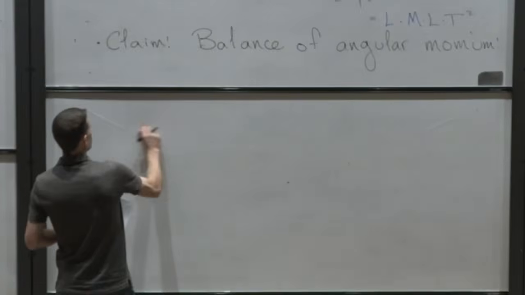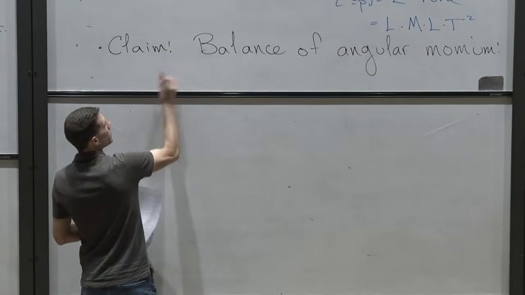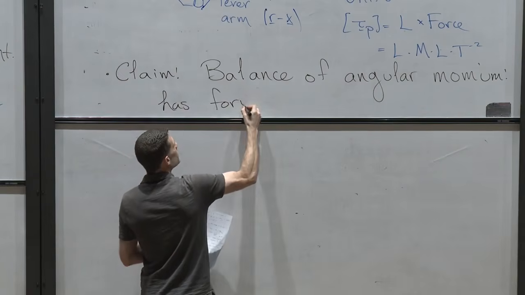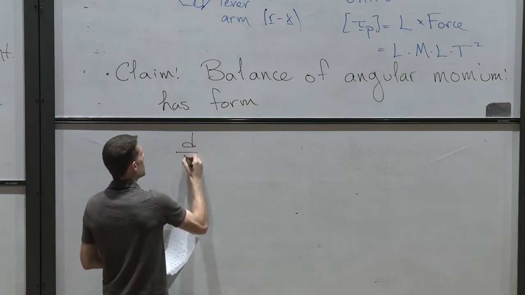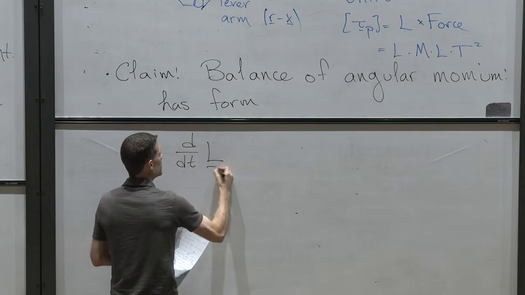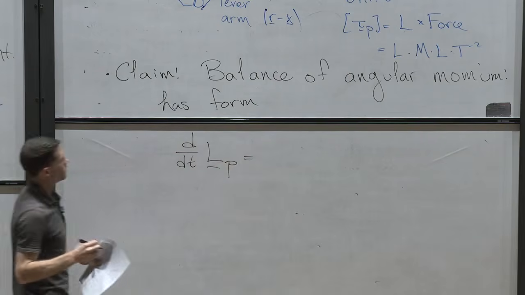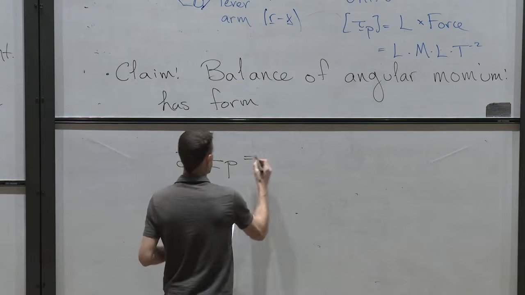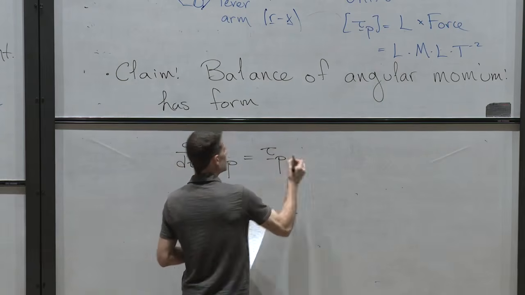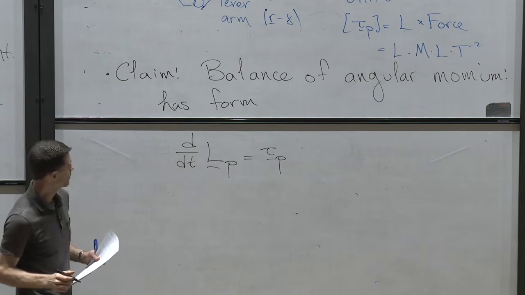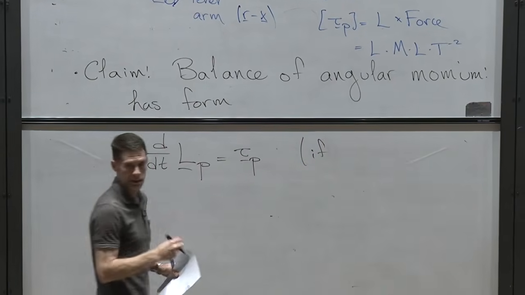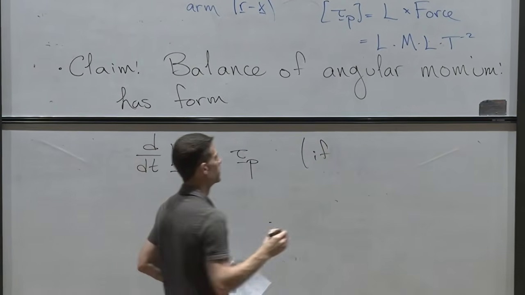And that equation in my claim has the form: the time rate of change of the angular momentum is the torque, tau P. And that's, again, just to be careful, that's if P is in an inertial frame.